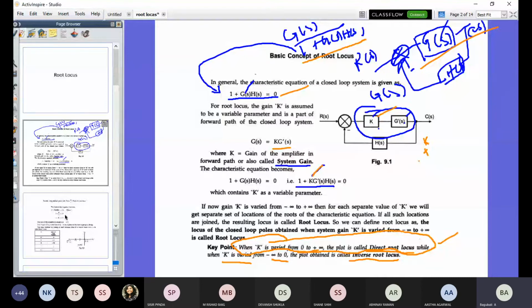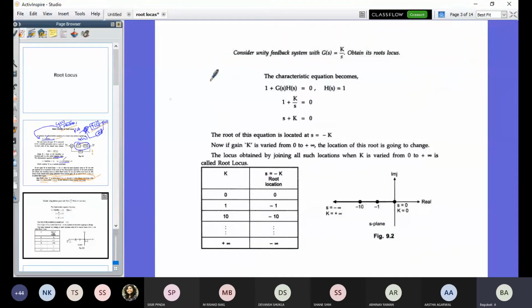Consider one simple example. Consider a unity feedback system with G(s) equal to K by s. Obtain its root locus. How can we do that? The characteristic equation is 1 plus G(s)H(s) equal to 0.